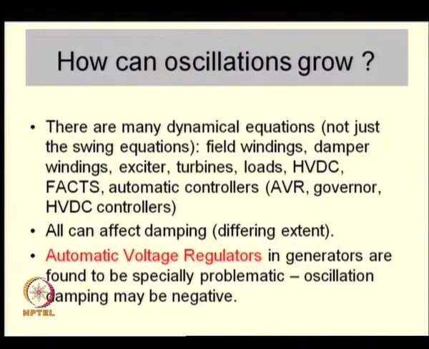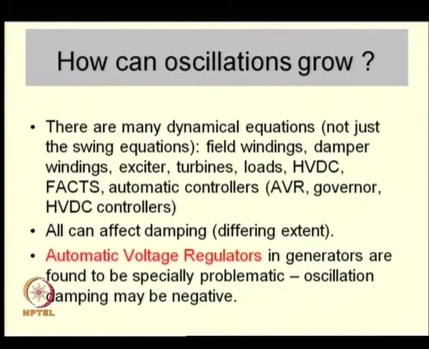The important point which you should remember is that unlike the crude spring mass system analogy which we used, in our real power system there are many dynamical coupled equations, not just the swing equations of the synchronous machine.